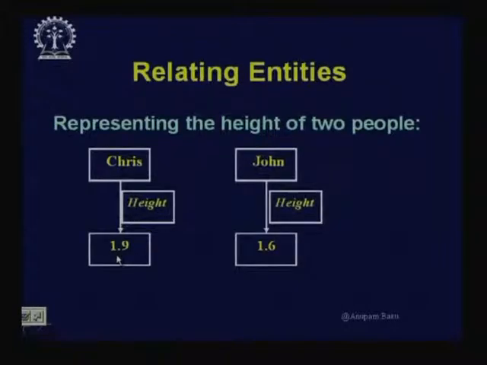Now, here is one more example, a new example, which is a little different from what we did in the last class. In this case, you can see that we are trying to represent the heights of two people. Chris is one person and John is another person.